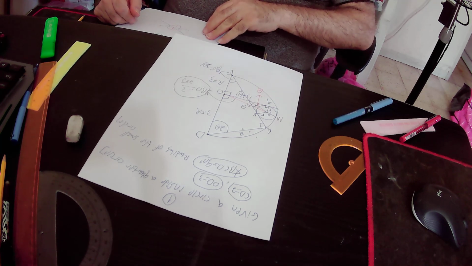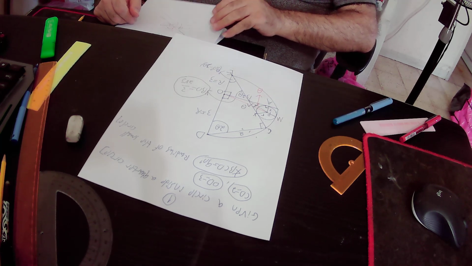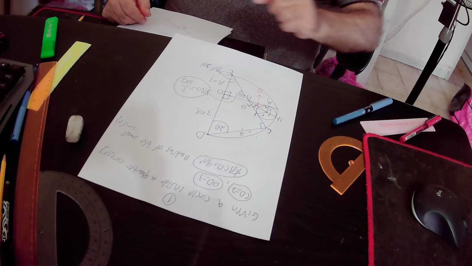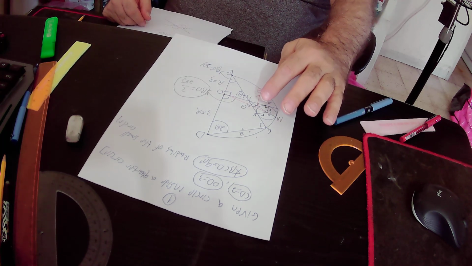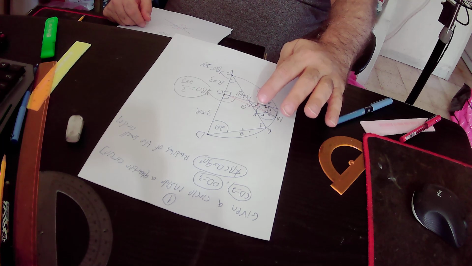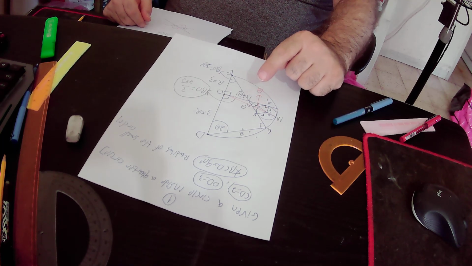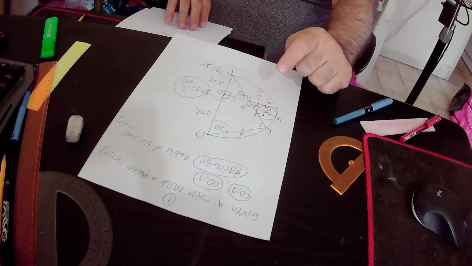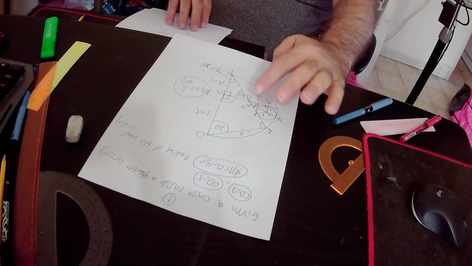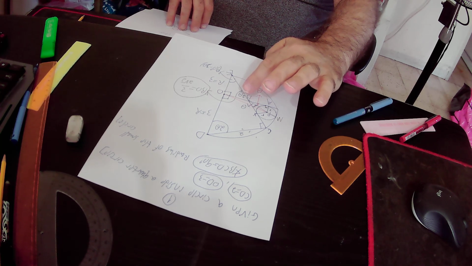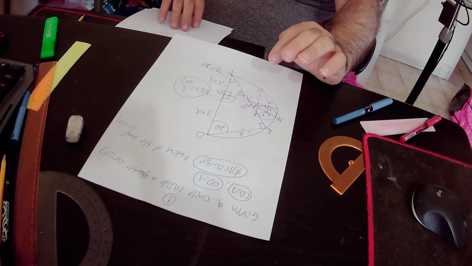So angles EBO and ABC are two vertex angles, therefore they are equal to each other. So if angle ABC equals to 2 theta plus theta, that is 2 theta, then angle EBO must be also equal to 2 theta. Okay? So angle ABC equals to angle EBO, and both of those angles are equal to 2 theta.